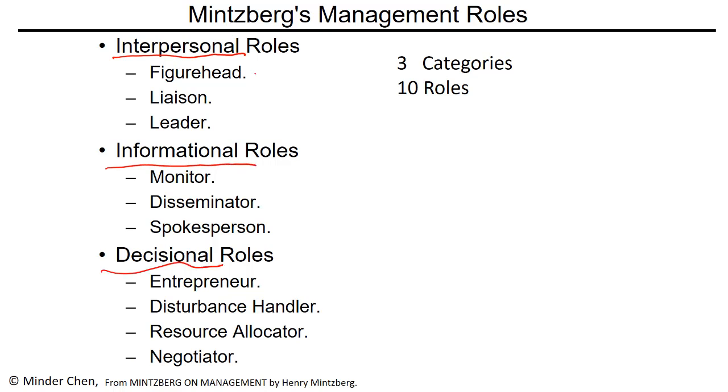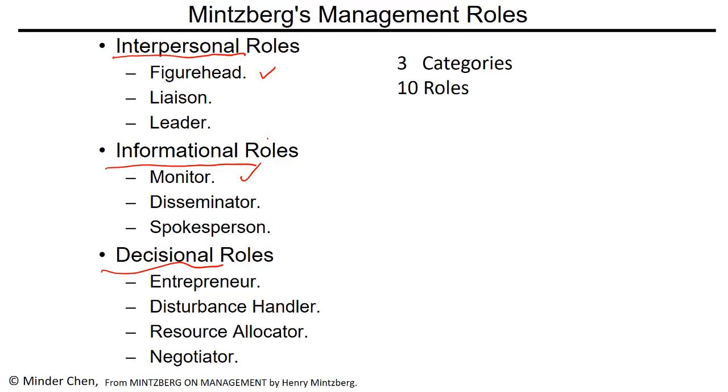Under the interpersonal category, there are 3 roles: figurehead, liaison, and leader. Under the informational category, a manager can play the role of a monitor, a disseminator, and a spokesperson.